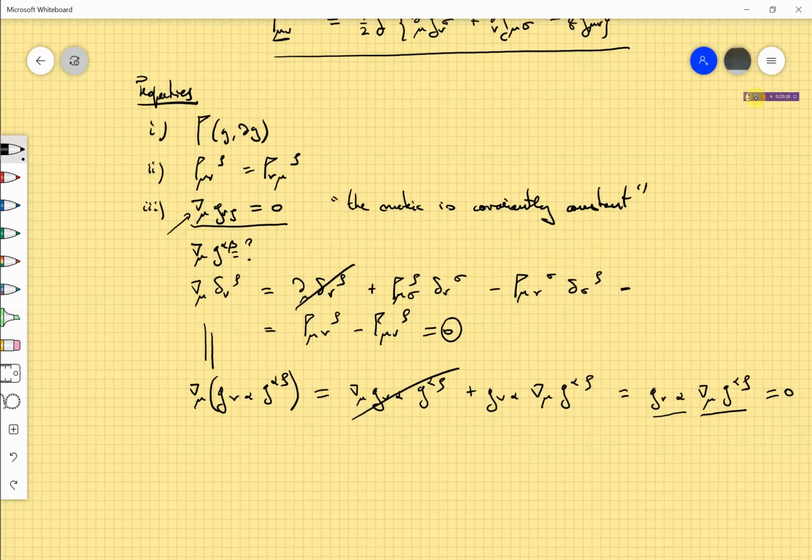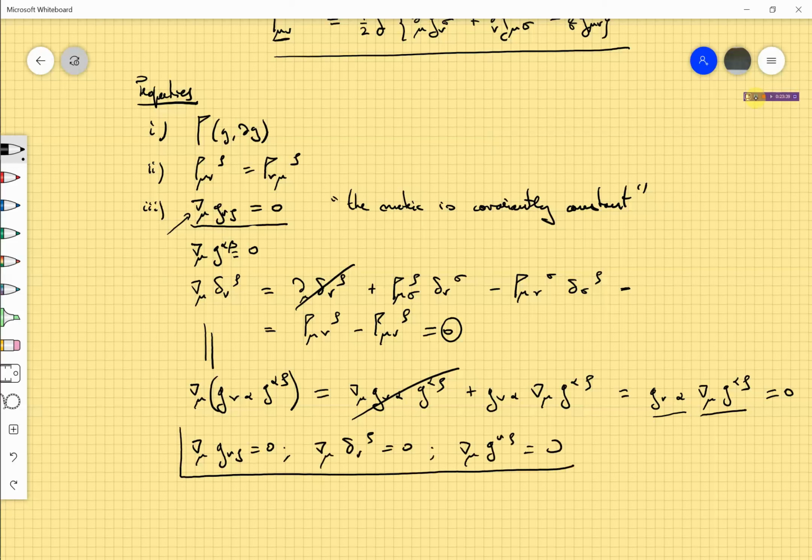So the conclusion is that this is also 0. And so these three properties are something to remember, because you are going to apply this many times.